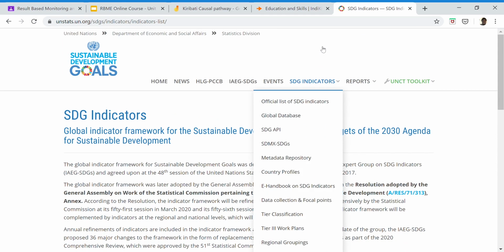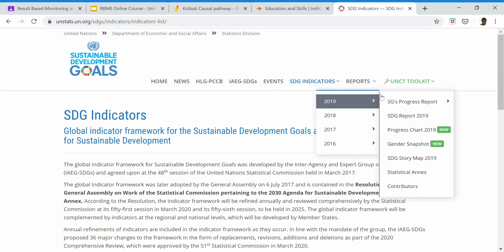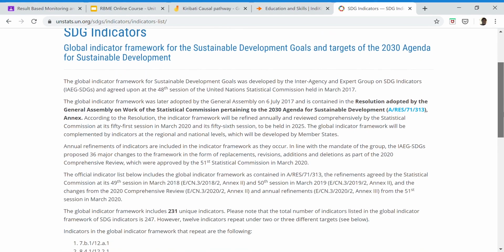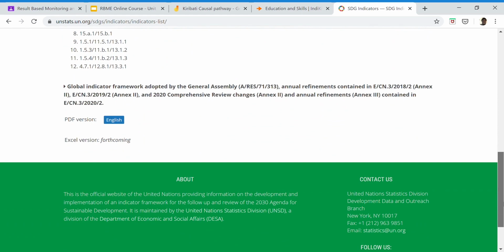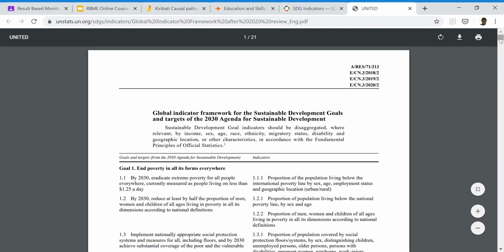There's the official list of SDG indicators, which you can download as a PDF, and here you go.